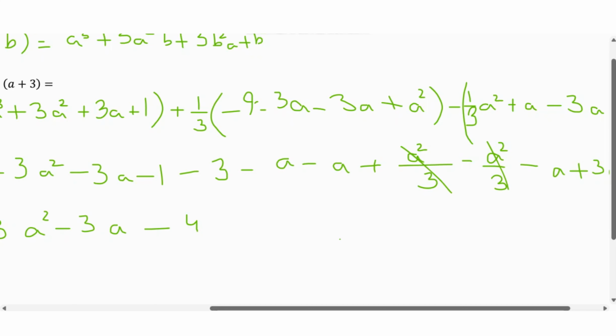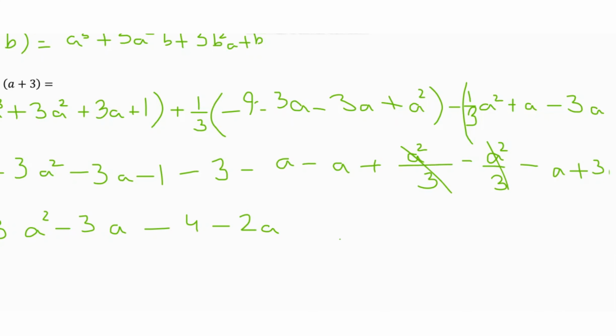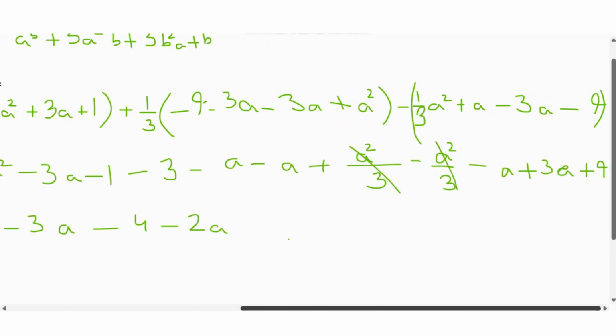This is minus a and minus a, so that would become minus 2a. And then it's going to be minus a plus 3a. So it's again minus 2a here, plus 2a here. So this is also gone.